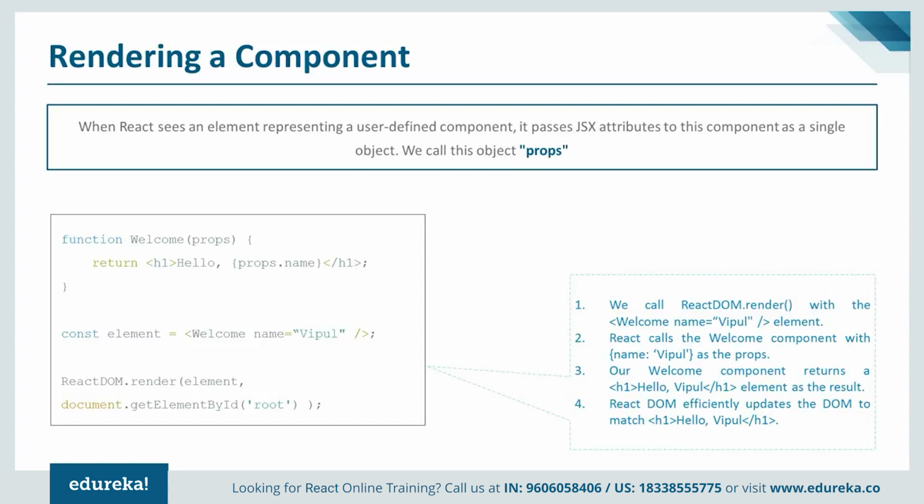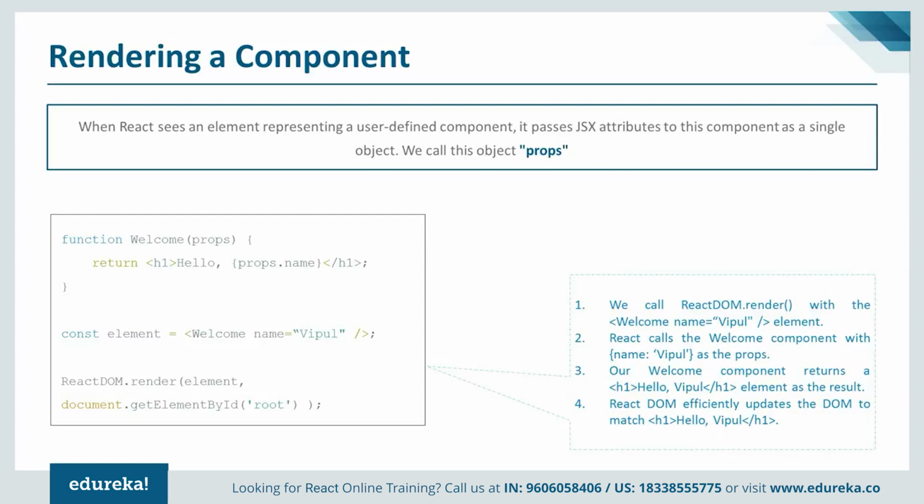React calls this welcome component with name Vipul as the props. This welcome component returns hello Vipul, which is written over here as hello, and props.name. The props.name and the component attribute, which is name, should match. And finally, ReactDOM efficiently updates the DOM, and when I talk about ReactDOM, it is the virtual DOM which efficiently updates the DOM to match the hello Vipul H1 tag.